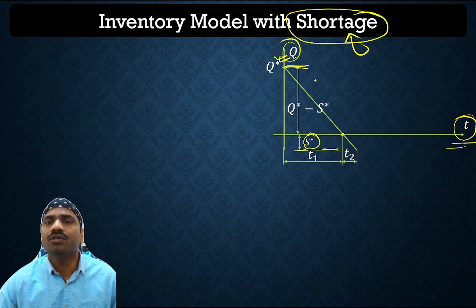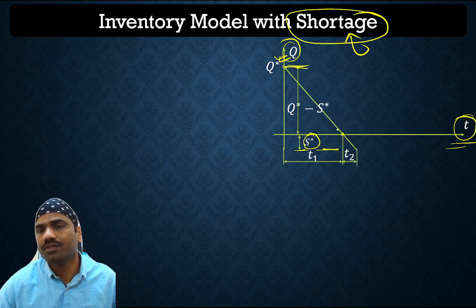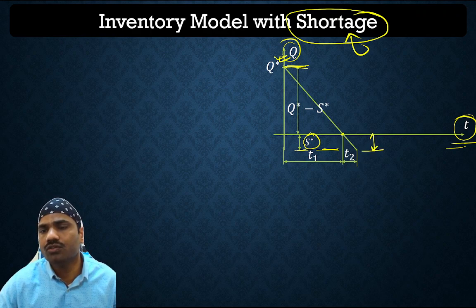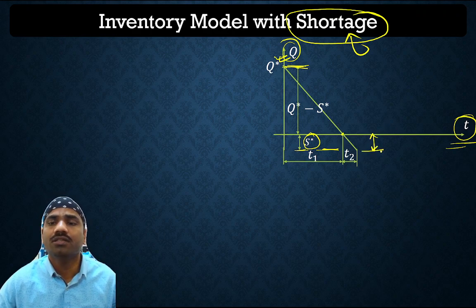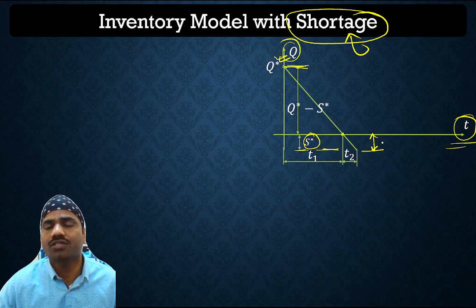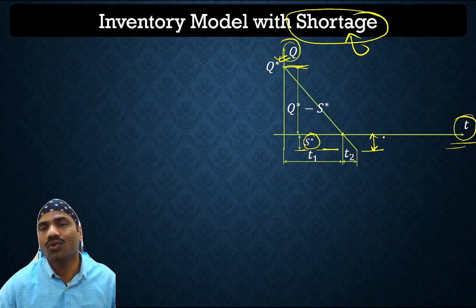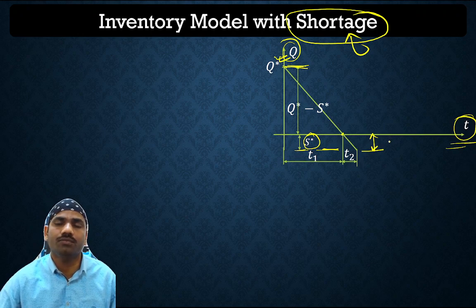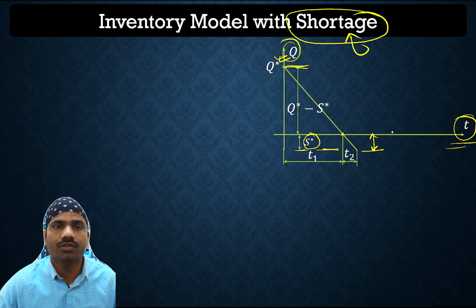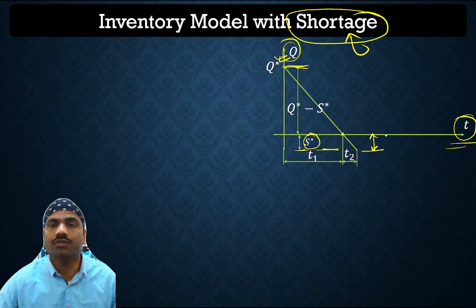Since you don't have sufficient quantity to supply the demand, but the employees associated with your company are working, you have to pay their salaries. You have to pay the rent if you have hired some office, and if you are consuming electricity or telephone bills, you have to pay for those.